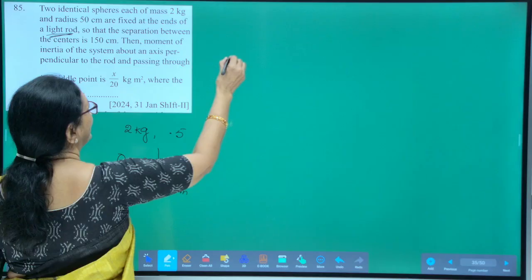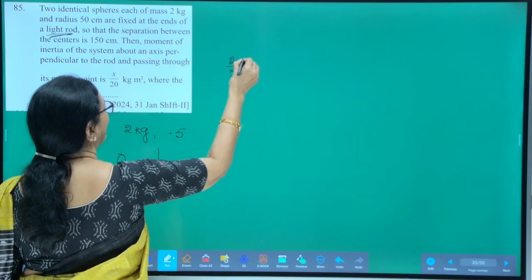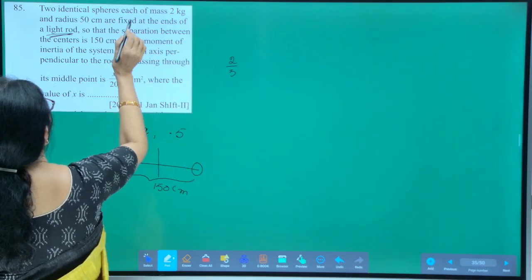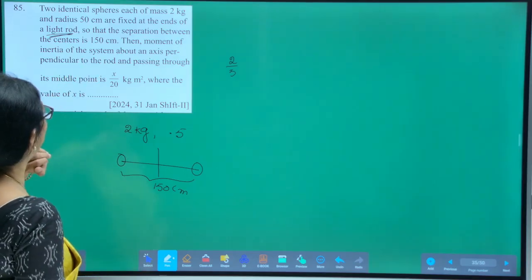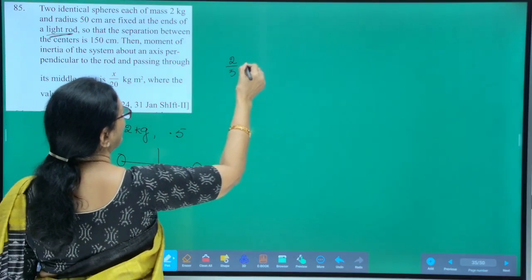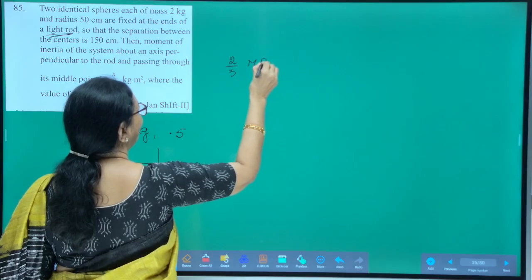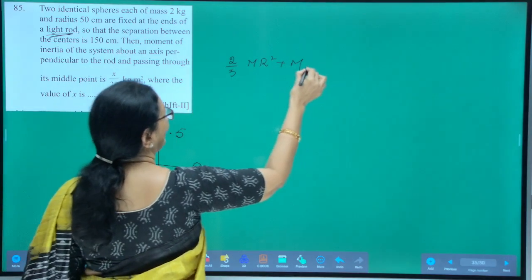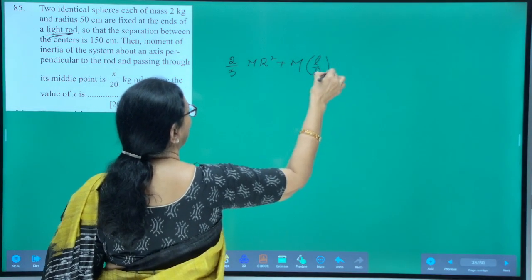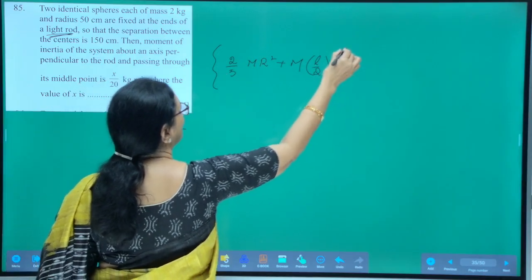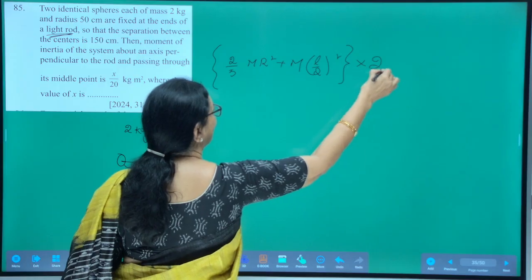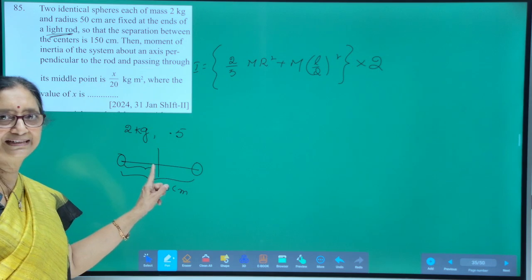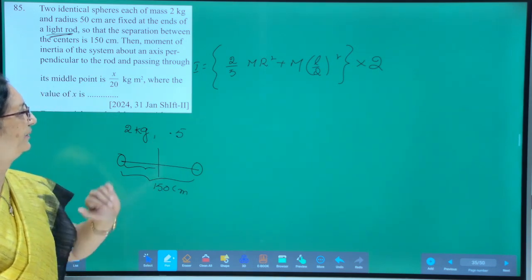So here 2 by 5, because for the spheres' mass and radius, they didn't mention shell, so we take them as solid spheres. So 2 by 5 m r square plus m into this distance L by 2 whole square, and we have two identical spheres under identical conditions, because both of them are at equal distances from the axis, so into 2.